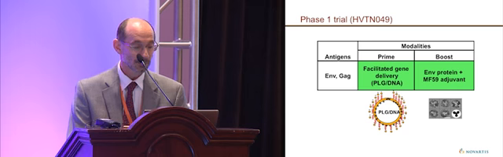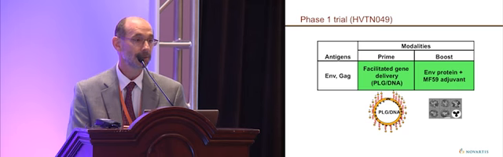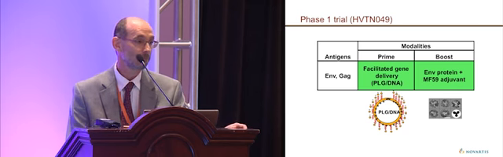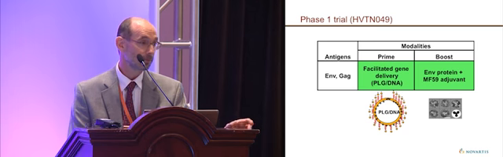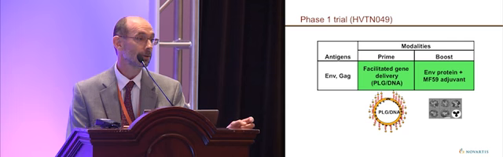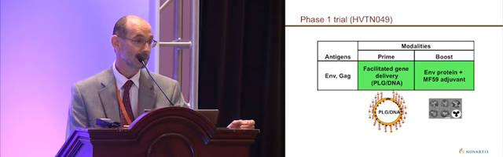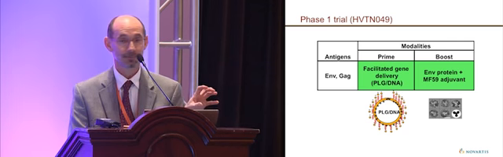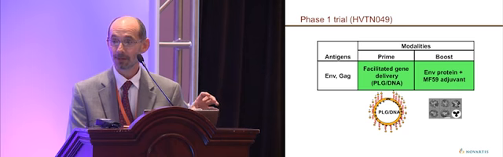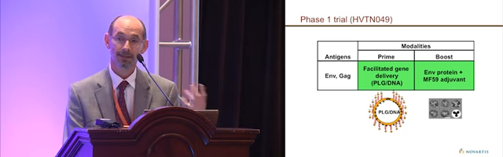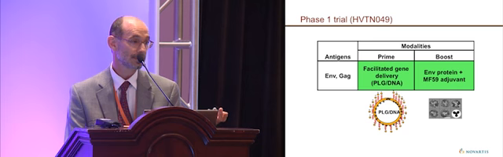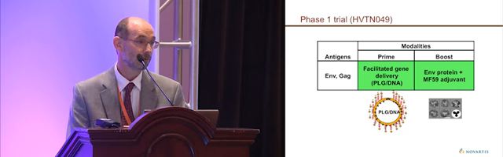And the one that we took to phase 1 trials was a PLG microparticle-based formulation in an attempt to make it look like a microbe, about a micron in diameter. The plasmids are surface adsorbed onto the particles so that you would have an efficient uptake of the particles by antigen-presenting cells, but that the DNA would rapidly come off the surface and you'd have an efficient means to deliver.